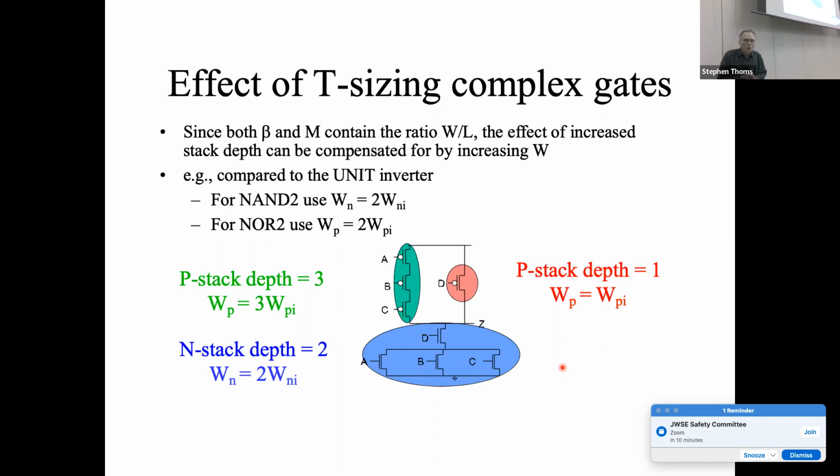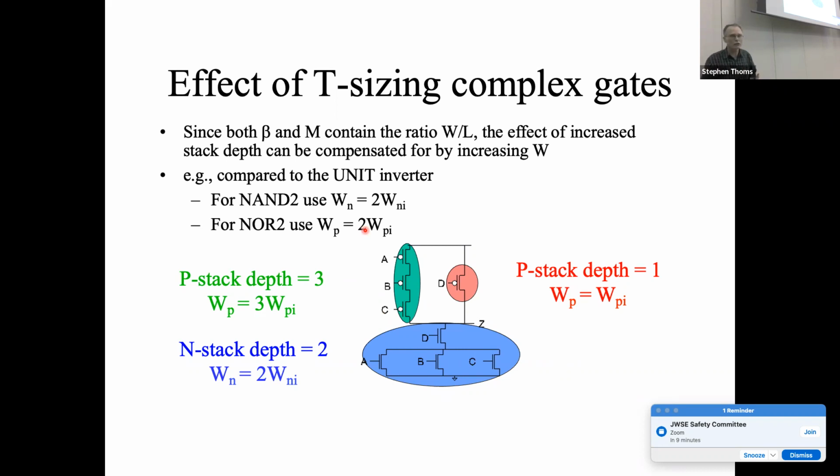So how do you do that? So, okay, for NAND 2, we could just double the width of the NMOS transistors.